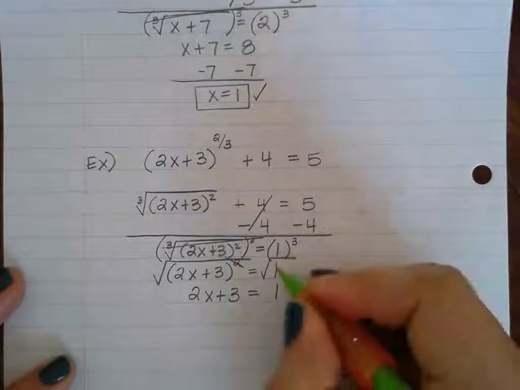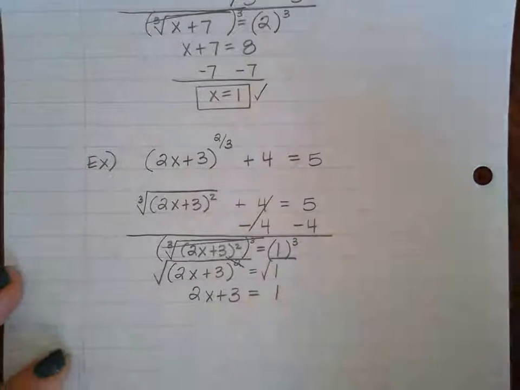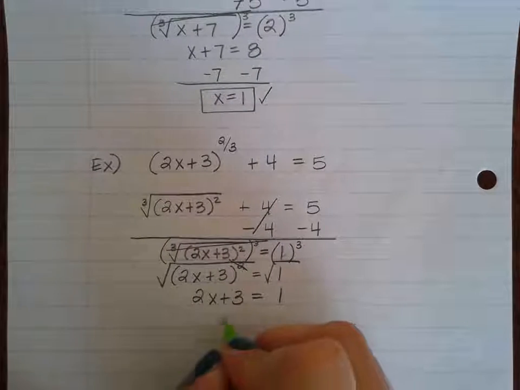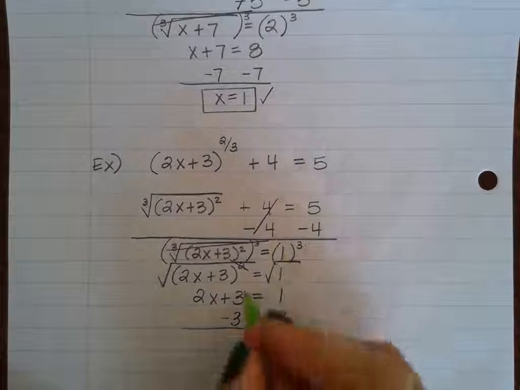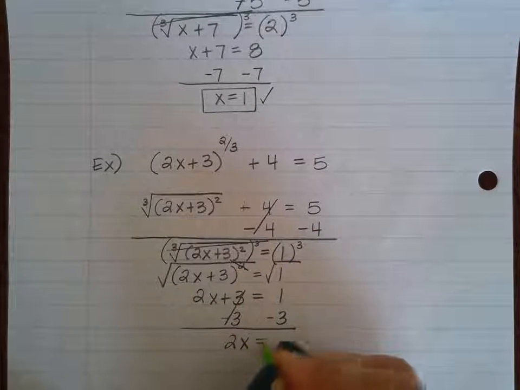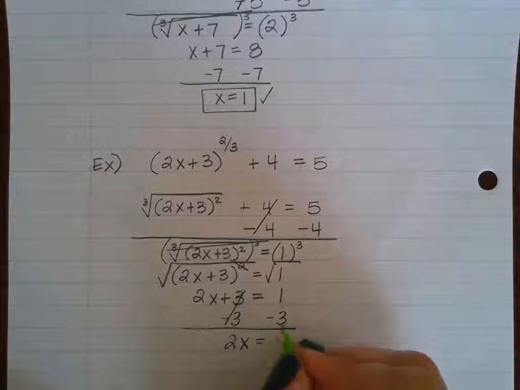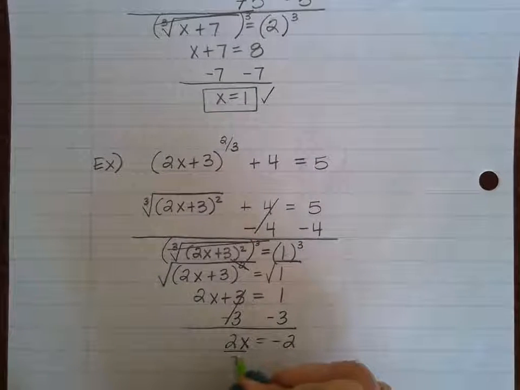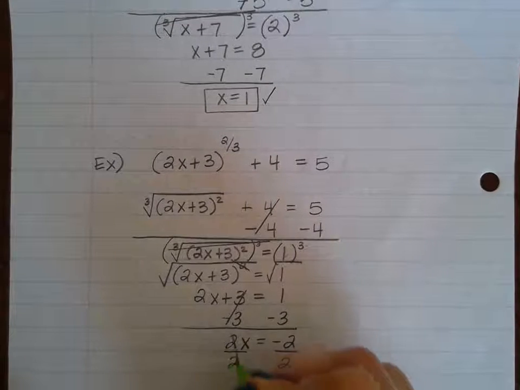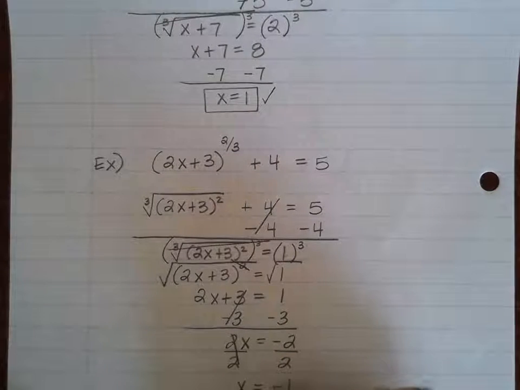So we're just going to take the square root and make it be a positive 1. And now subtract 3 from both sides. So 2x equals 1 minus 3, which is negative 2. And then divide by 2 on both sides. x equals negative 1.